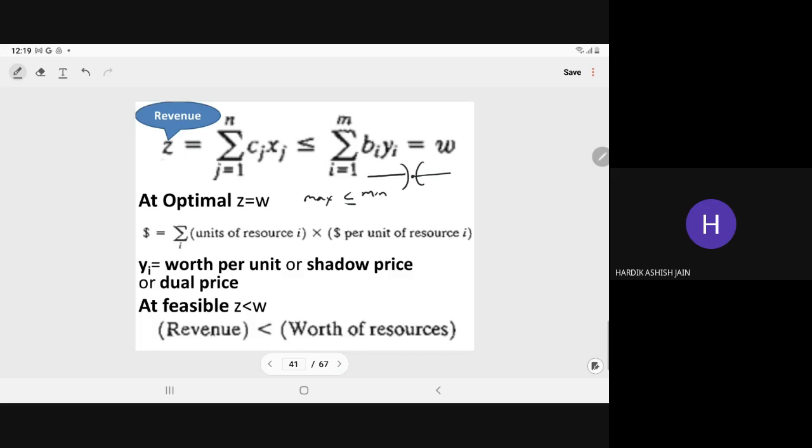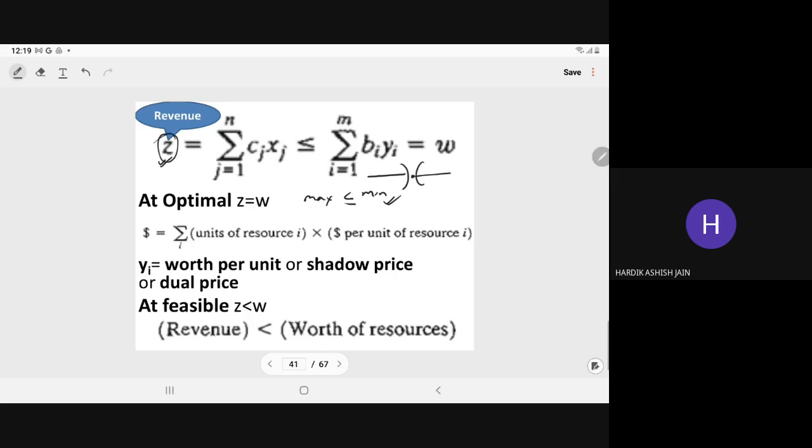So here we have z equal to maximize z, and z is summation cj xj, and by the theory it must be less than or equal to w, which is summation bi yi, and at the optimum they are equal. What is z?